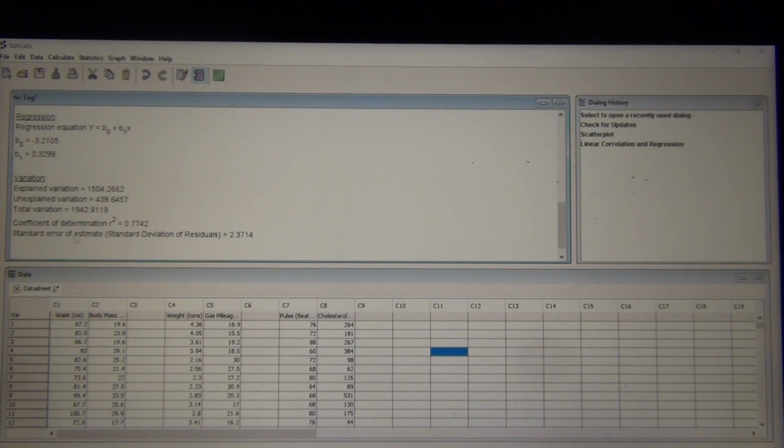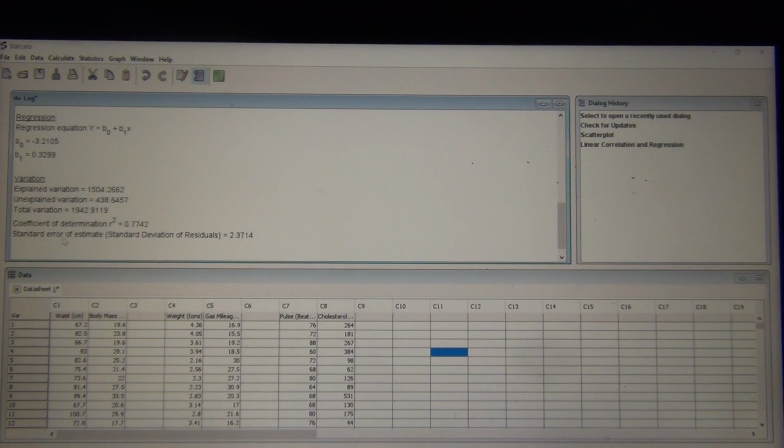Some people call it standard deviation of residual errors and shorten it to standard error, but that creates a lot of confusion because we already learned that the standard error was the standard deviation of a sampling distribution. So I prefer to say standard deviation of the residuals, or you'll hear some people say standard deviation for correlation or things like that, but I prefer that title. And it's 2.3714. Very difficult calculation. The computer did it in a split second.